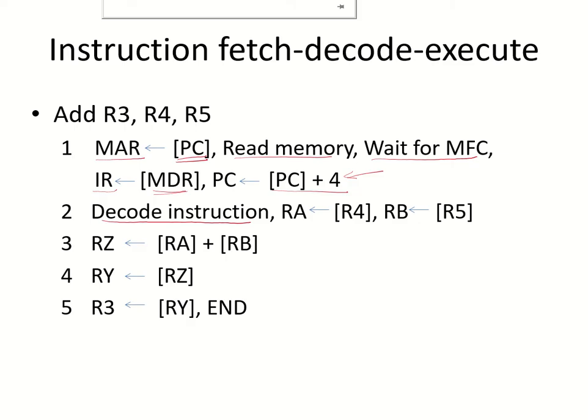The source registers over here, as we can see, are R4 and R5. So R4 and R5 registers will be enabled, and the contents of R4 will be put in the interstage register RA, and R5 contents will be put in the interstage register RB.